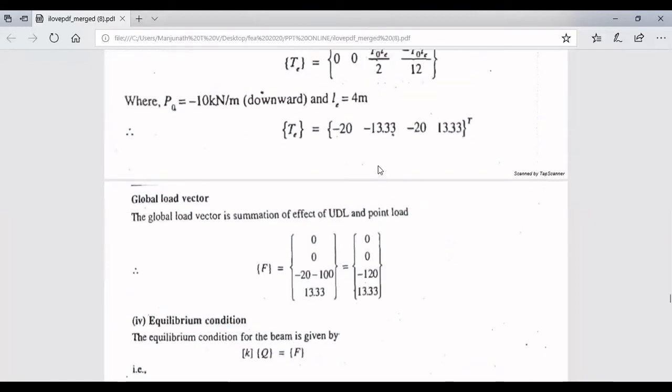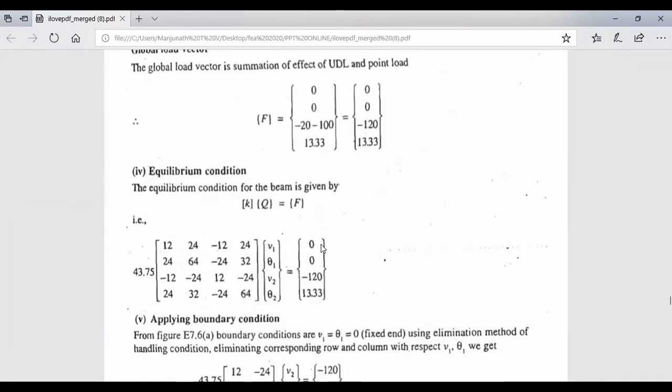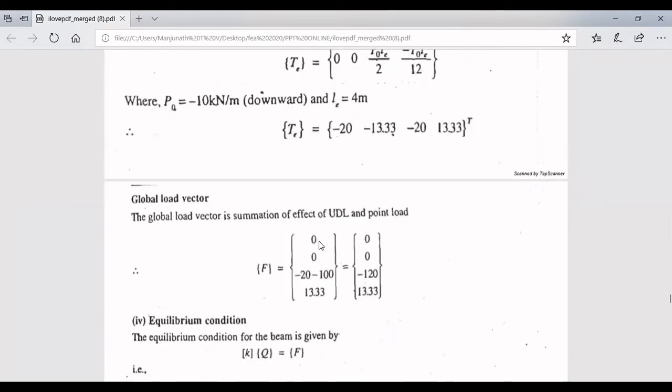Even though node number 1 is fixed, so we need not consider its force vectors, because the corresponding rows and columns we are going to eliminate. We can take it as minus 12 or minus 13.33, or otherwise 0 also you can keep it. This is not involved in the analysis. In the elimination method we are going to eliminate these values, so no need to consider them here.